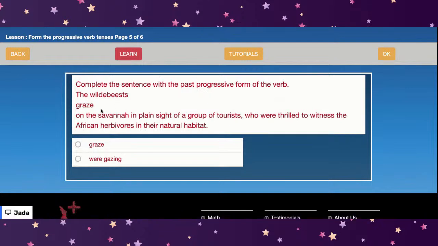The wild beast grazed on the savannah in plain sight of a group of tourists who were thrilled to witness the African herbivores in their natural habitats. So we were grazing, okay? So we were grazing.